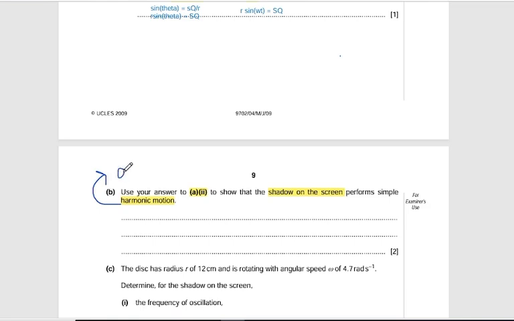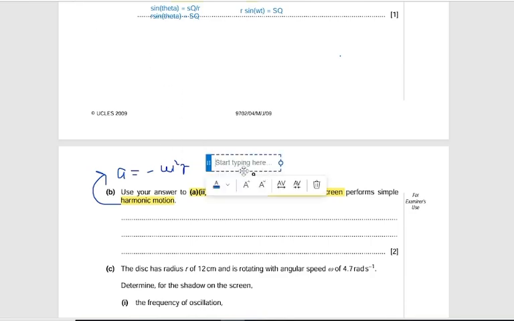That is, a is equal to minus omega square into x. Why? Because simple harmonic motion can be defined as the displacement from a fixed point is directly proportional. Let me write this down, because only then you will be able to understand this equation as well.